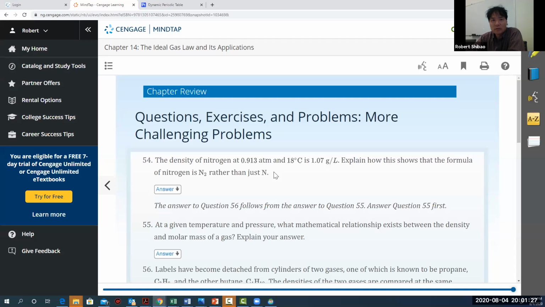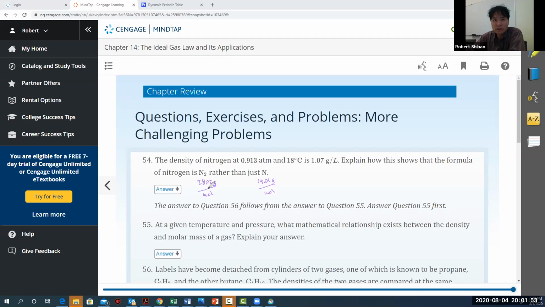If I had a mole of N2, that's going to weigh 28.02 grams. So this is going to give me a molar mass of 28.02 grams per mole. If I had a mole of N particles, it's going to weigh half as much, 14.01 grams per mole. And so these will have totally different molar masses.